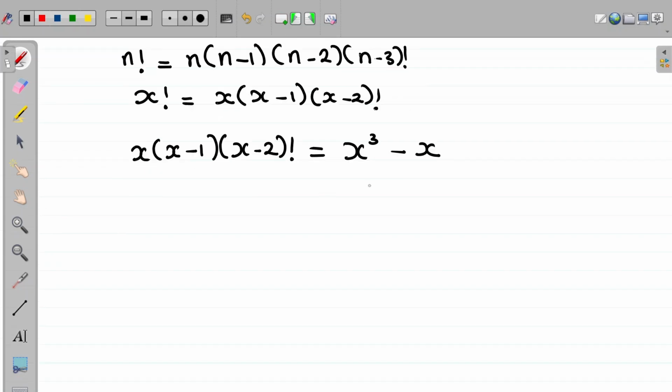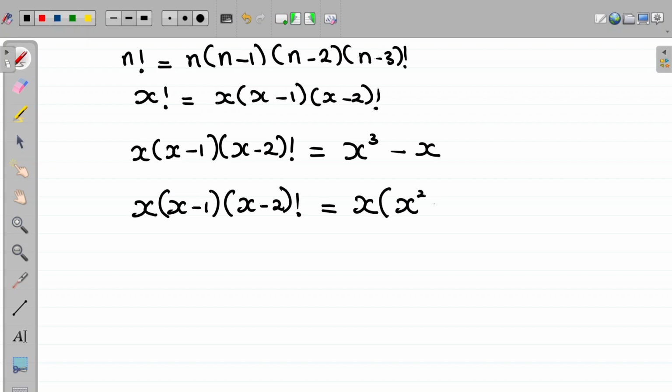But we can factorize our right hand side. So our equation becomes x minus 1 multiplied by x minus 2 factorial equal to x, opening a bracket, x squared minus 1.